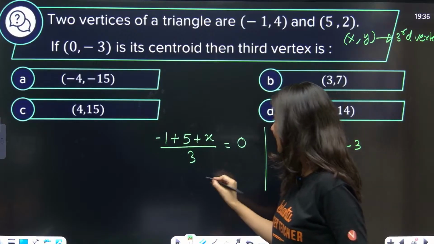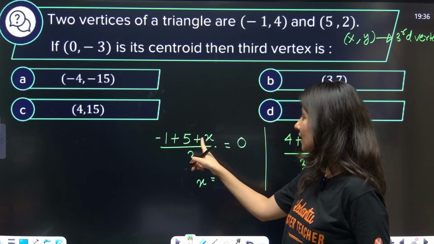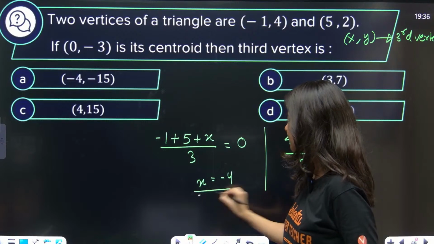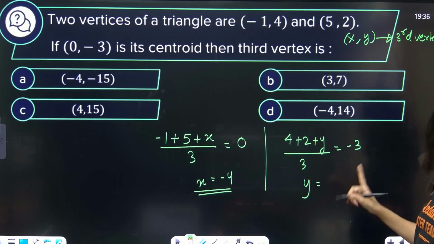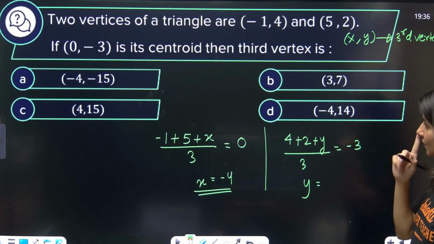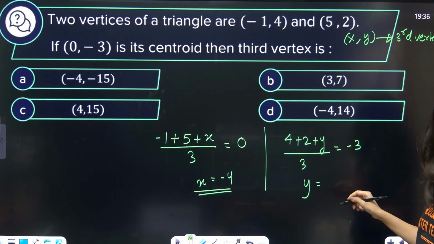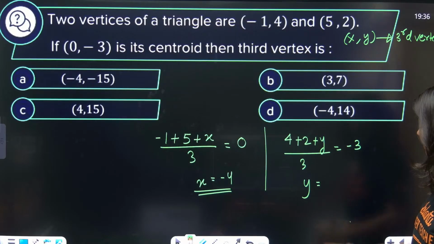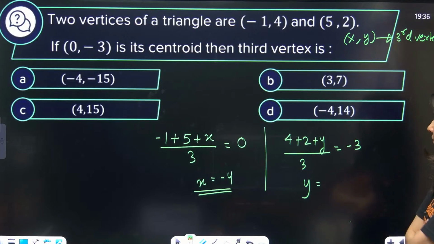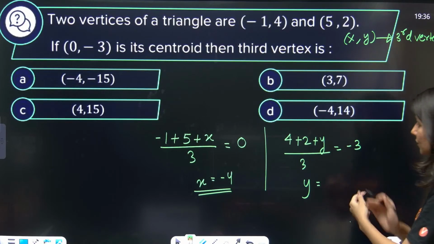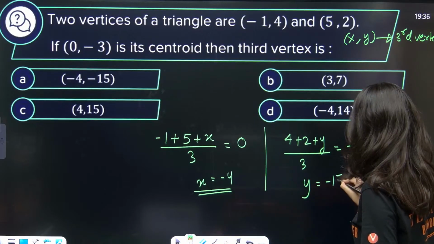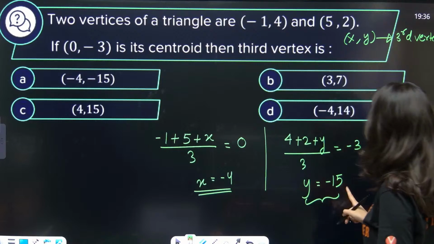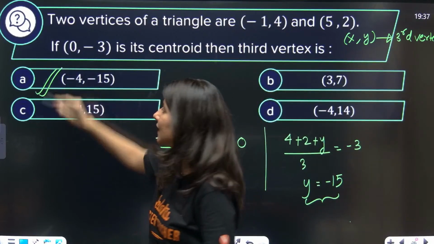So from here, x is nothing but -4. y over here is -9, -6. So 4 plus 2 plus y is -9, so y is -15. (-4, -15) is sitting in option A.